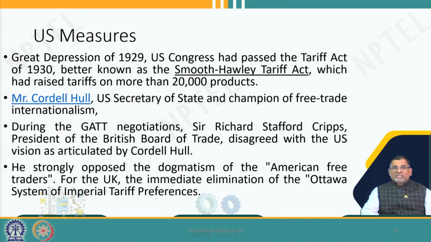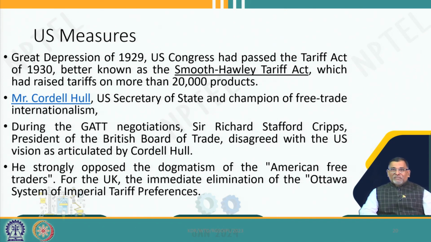For example, the US enacted the Smoot-Hawley Tariff Act to increase the tariffs on more than 20,000 products, especially those coming from Canada and the UK. So, even though Mr. Cordell Hull was the propounder of free trade, who is considered to be the champion of free trade, he was forced to impose more and more tariffs.